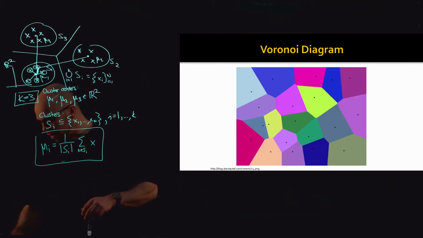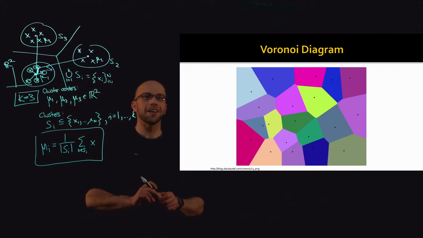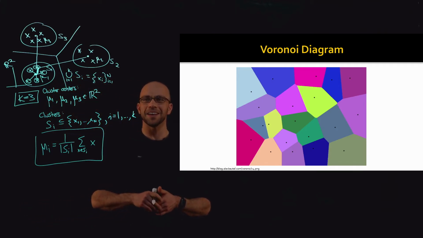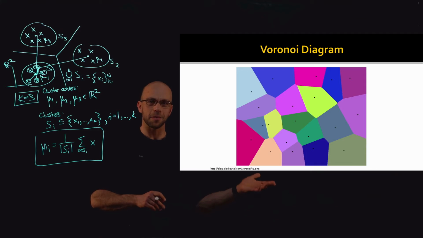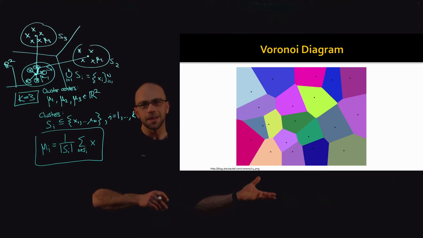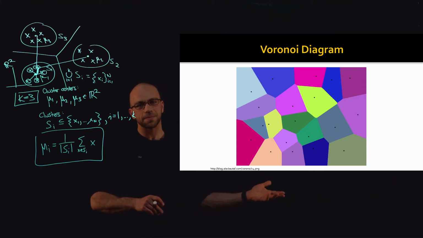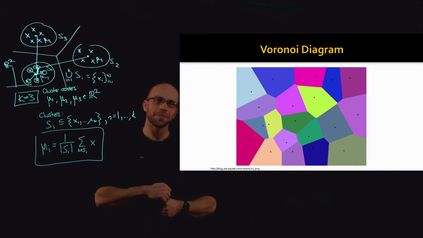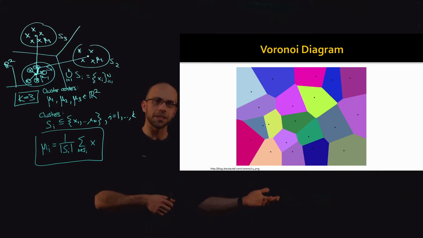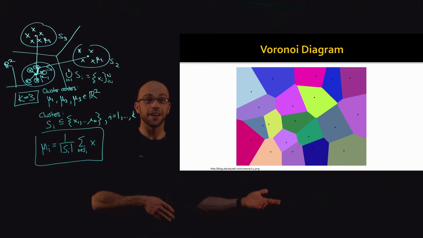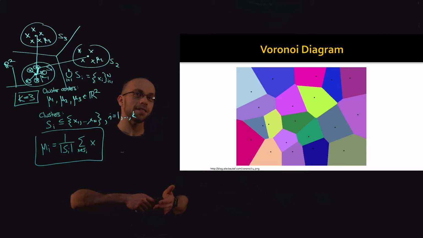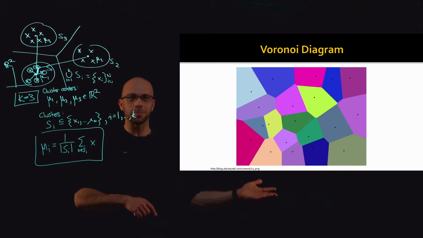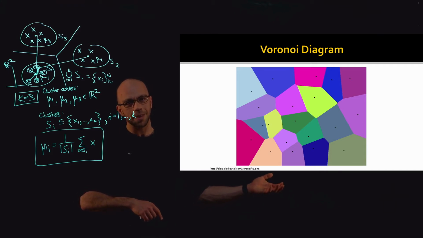Now, one nice way to view what's going on is you can think of the cluster centers as the black points in this picture. And then the sets S_i are determined by computing this object called a Voronoi diagram. So here, every colored region is what we would call a cell in the Voronoi diagram, and it comprises all the points, in this case in the plane, that are closer to that one black point than to any of the others.